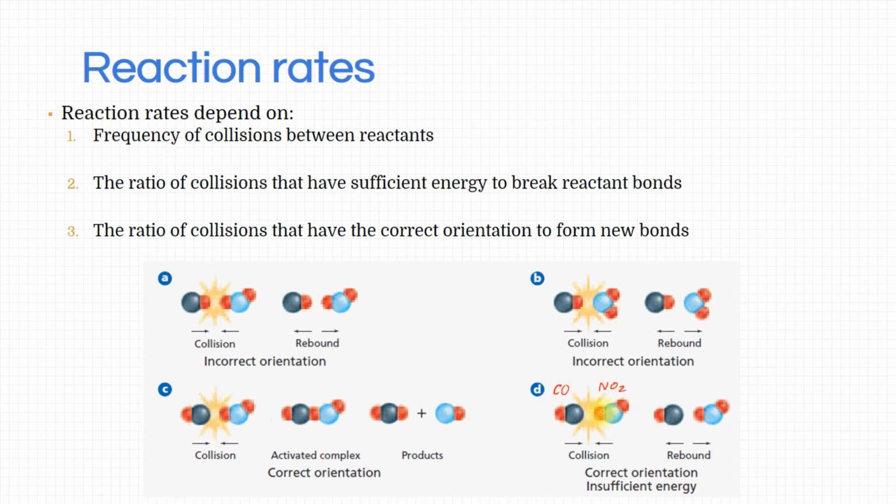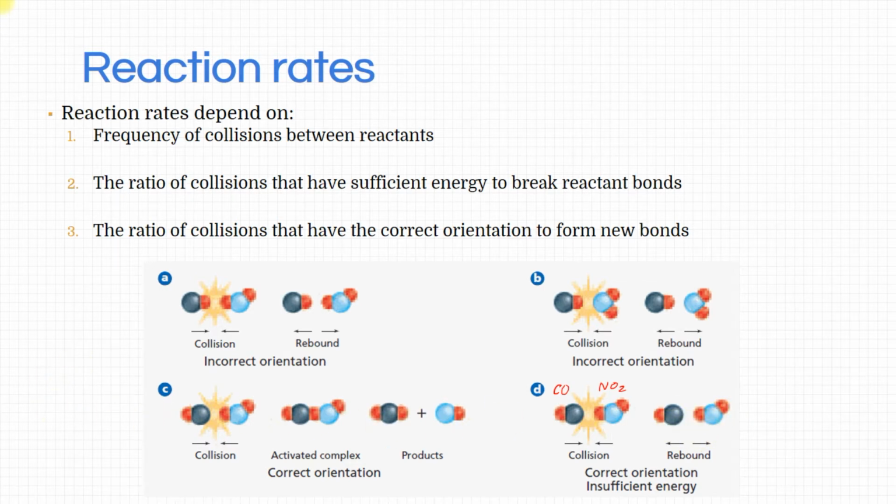When these things collide in exactly the right way with enough energy, they will exchange this oxygen over to the carbon, and you get CO2 and NO. However, even when they're oriented correctly, it is very possible to collide slowly and not have enough energy. If you don't have enough energy to break the NO bond, they're just going to rebound and go about their business, and you basically don't get a reaction at all.